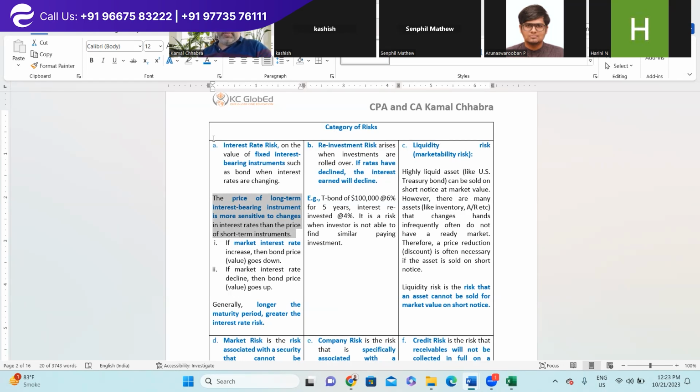It is a risk when the investor is not able to find a similar paying investment, right? That means originally you are getting 6% interest, but if you are reinvesting the interest, you'll be getting an additional 4%. Why will you accept that? Because you are not getting a better option to reinvest, right? That is called reinvestment risk.